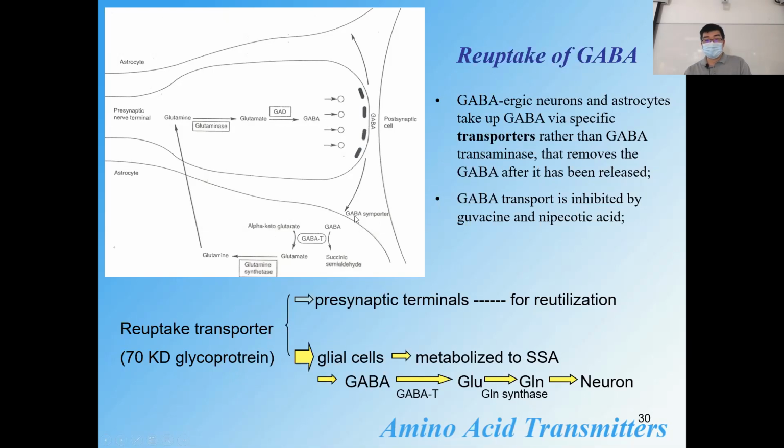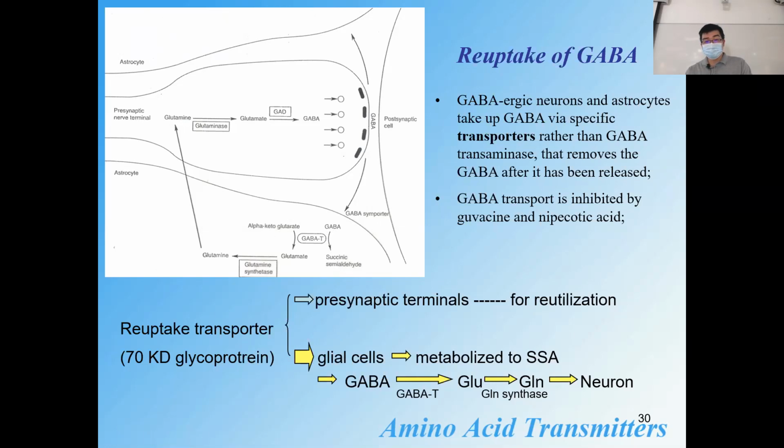Okay, so that we move it really fast. So you can see that, you know, from the terminal, it can be utilized. Now in the glial cell, then that will be metabolized to succinyl semi-aldehyde. So you can see that the GABA with the transaminase will become the succinyl semi-aldehyde that can go back to the Krebs cycle.